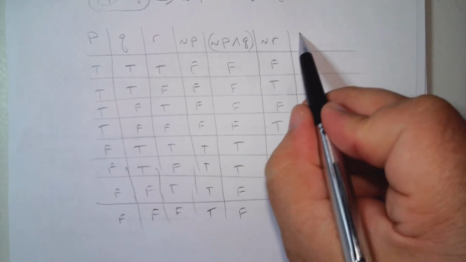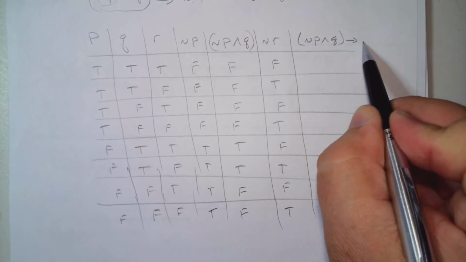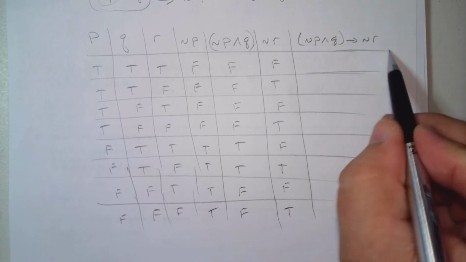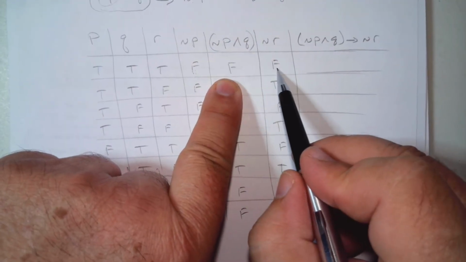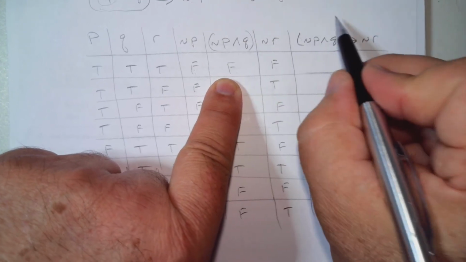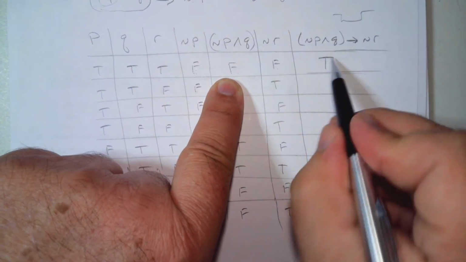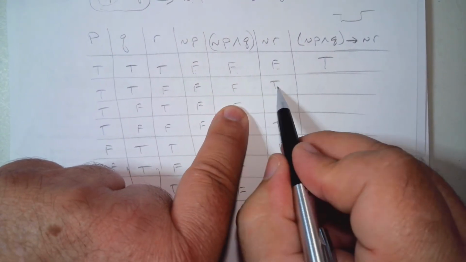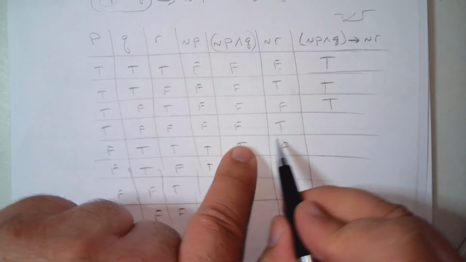Now we have everything. We can create the statement, or the argument. If then, we're looking at this, and we're looking at that. With if-then, as long as you stay the same, it's okay. False to true, that's good. False to false, that's good.